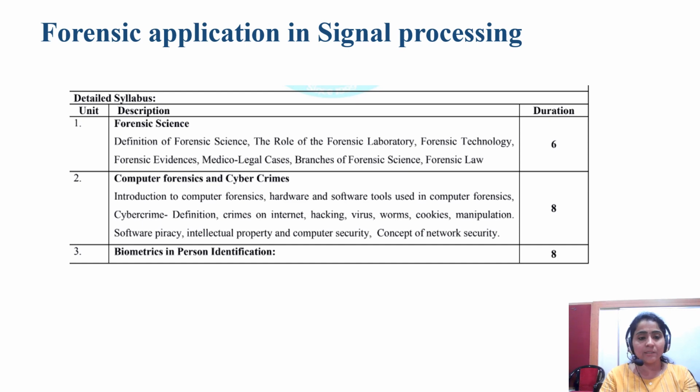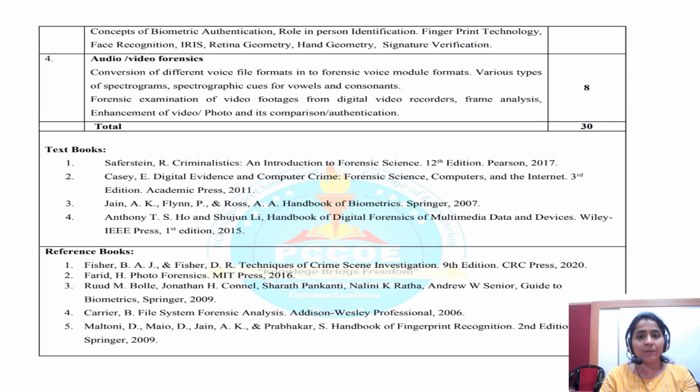Unit number 3, as discussed, will cover biometrics such as fingerprint technology, face recognition, iris, retina, and hand geometry in order to identify the person. And unit number 4 deals with audio video forensics, where we see the different audio video techniques or technology for identification of suspects.